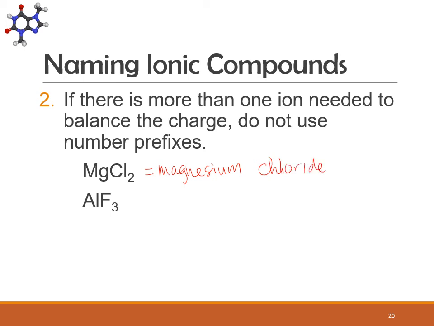Although there are 2 atoms of the chloride ion, we do not name it as dichloride in ionic compounds. So in the second example, the name of the cation is aluminum, and the name of the anion is fluoride. Once again, we do not use the prefix tri when naming ionic compounds.